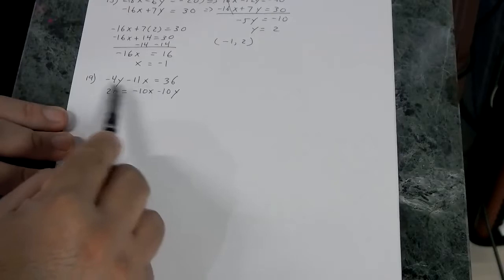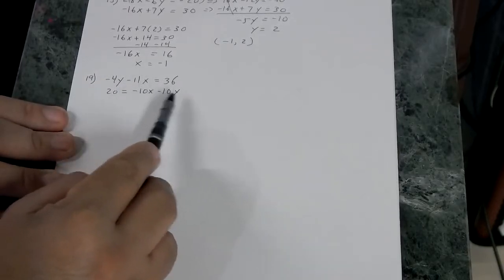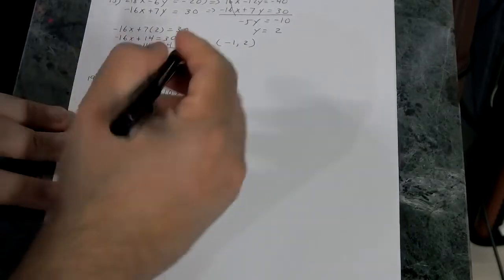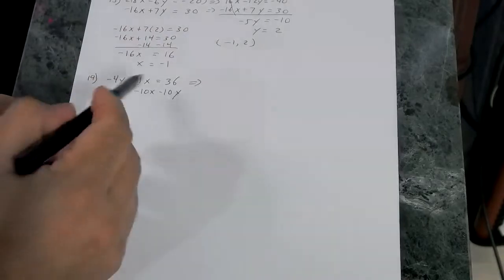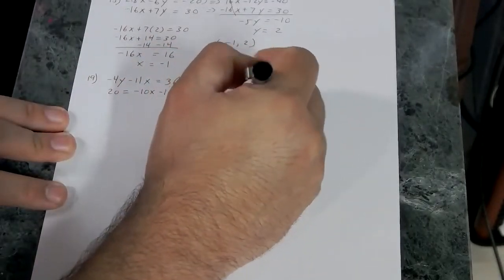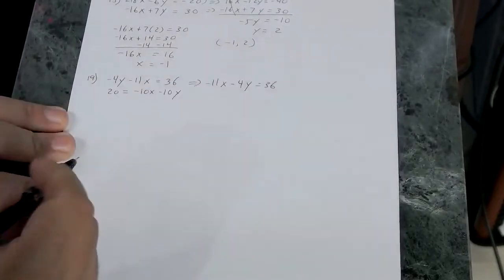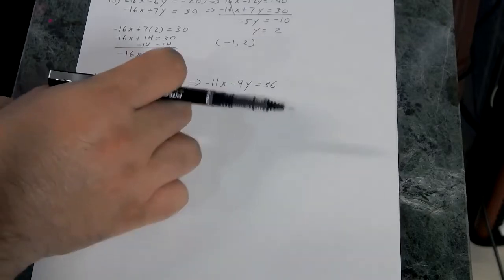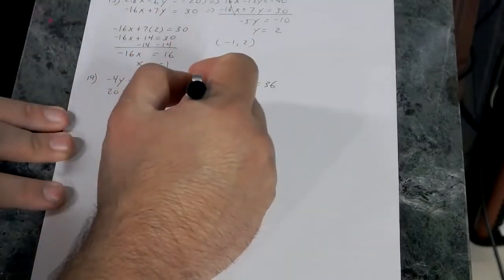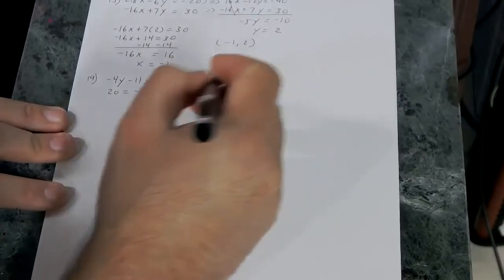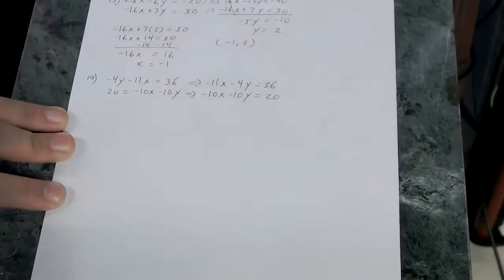We have x's and y's over here, but I'm just going to flip-flop them. Here, you actually have x and y, so I'm just going to flip-flop this whole equation. If I flip-flop these, I get negative 11x minus 4y equaling 36. I'm going to flip-flop this whole thing, just rotate them. I end up with negative 10x minus 10y equaling 20.